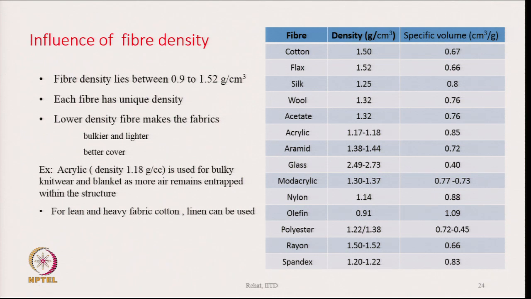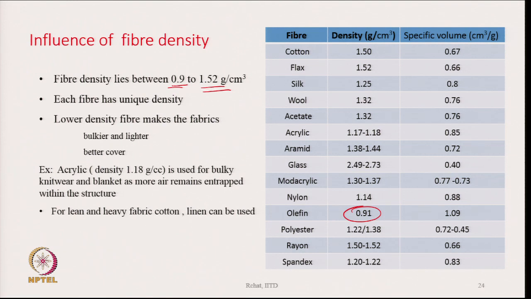Density, if we see here, varies between 0.9 to 1.52 or 1.54, that is the typical range in which density of the fibers lies. The fibers which have least density are olefin fibers, polypropylene fiber is one of them, and polyethylene fibers also have minimum density. Density is less than 1, that means they can float in water, they are not going to sink.